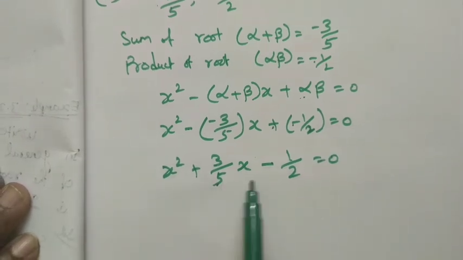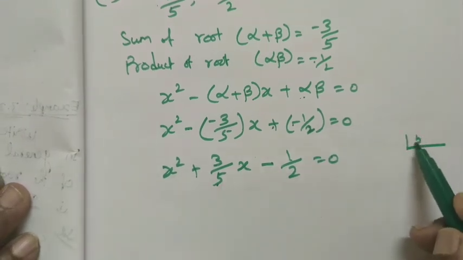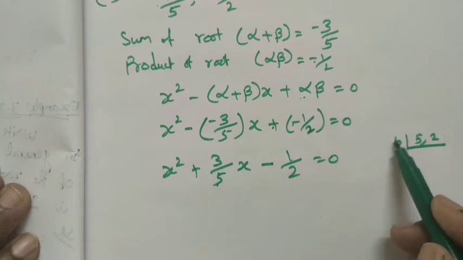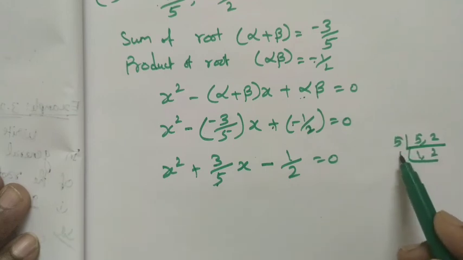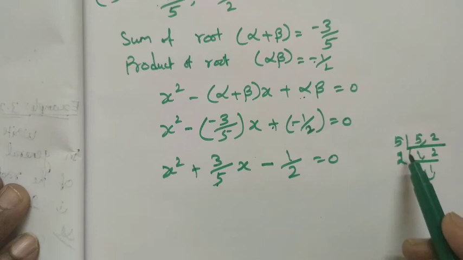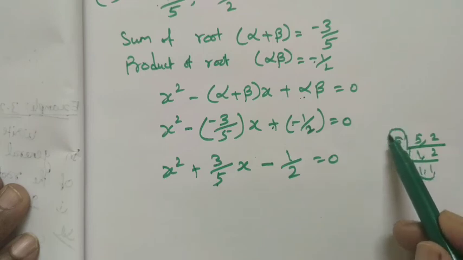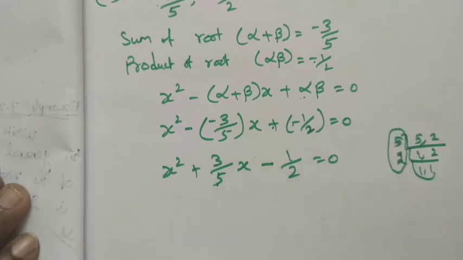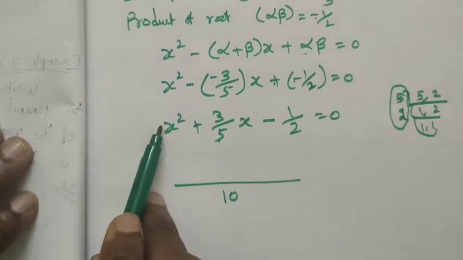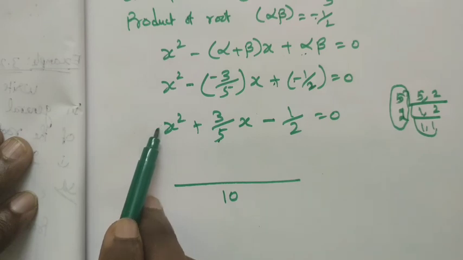See here we have 5 and 2, we want to take the LCM for 5 and 2, right? If you want to take the LCM, multiply these two terms, 5 2s are 10. So the whole denominator becomes 10, that is the LCM. So each and every term should be multiplied by the same number 10.